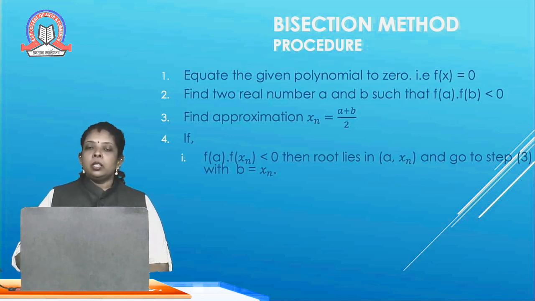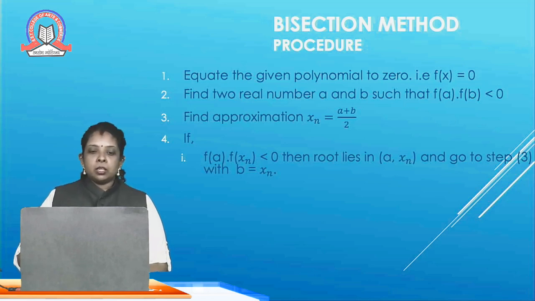In the initial iteration you will get a new x value, which you substitute into the next f of x equation, and the new value is substituted into the next iteration. This process keeps going until we get an accurate or approximate root for the given function.